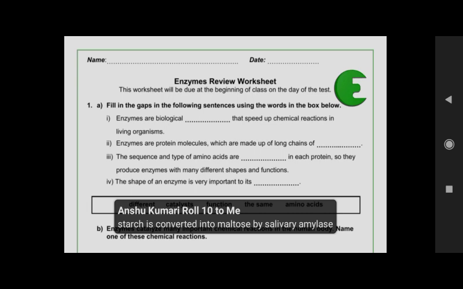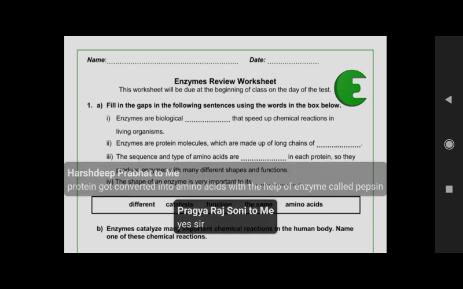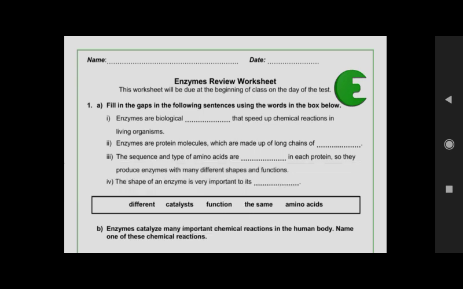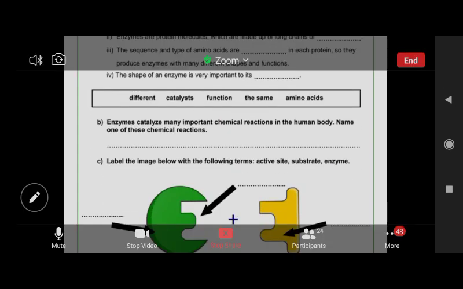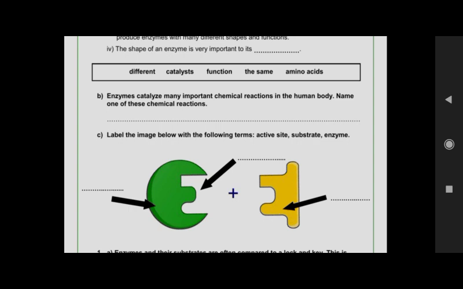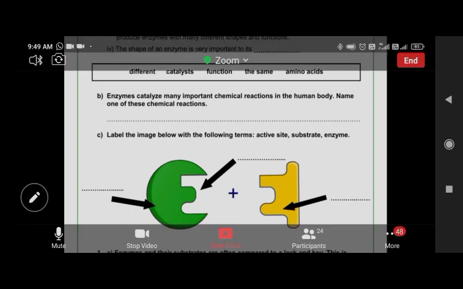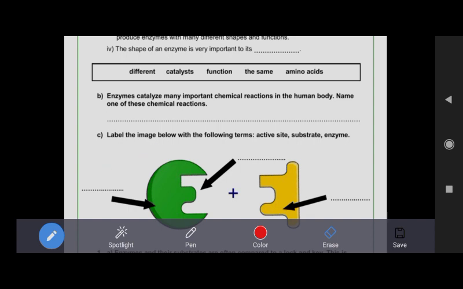Yes, correct, Anshu. Starch is converted into maltose. Correct. Now, in this third image, hopefully a few seconds are left. We will complete this also. This is the enzyme.